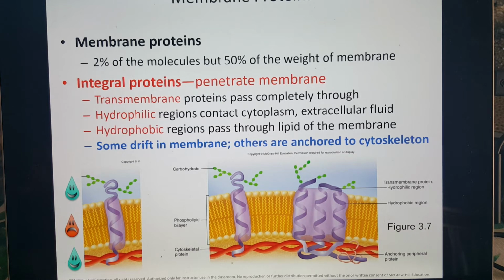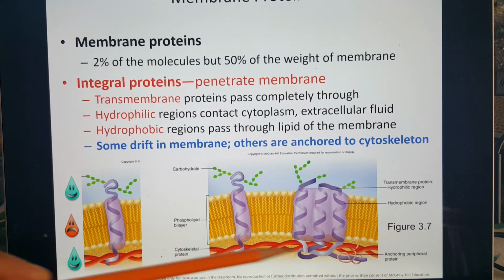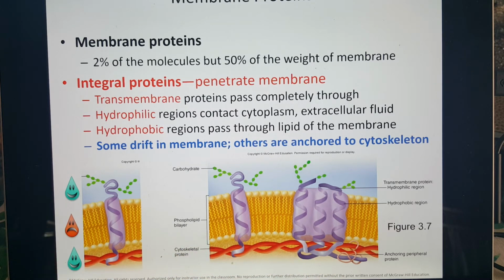You also have some that just drift around the membrane just like your phospholipids, so that's also fluid, but some are actually anchored to your internal structure on the inside of your plasma membrane. There's a cell structure called a microfilament. It's made up of actin proteins that help to give our cells their shape.